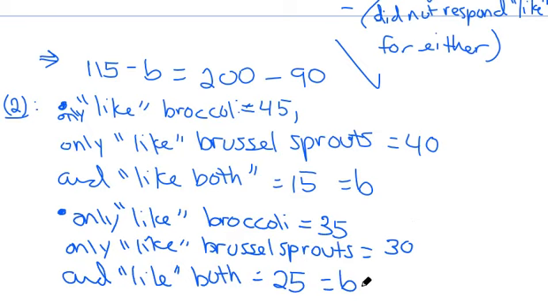So regardless of 25 people disliking both vegetables, our B could be a couple of different values. Because of that, this statement alone is not sufficient. We can't pinpoint what our B would be because we don't have other information.